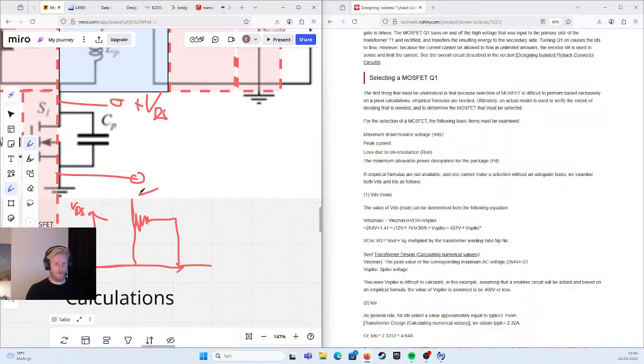So it's here, and they can be between a range of voltages, I guess.